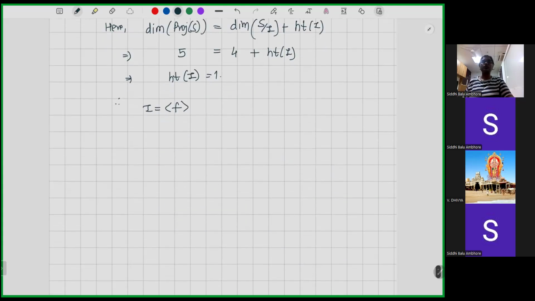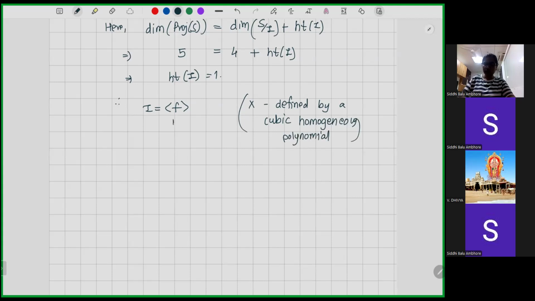So X is defined by a cubic polynomial, degree 3, homogeneous. So this F is a degree 3 cubic homogeneous polynomial.